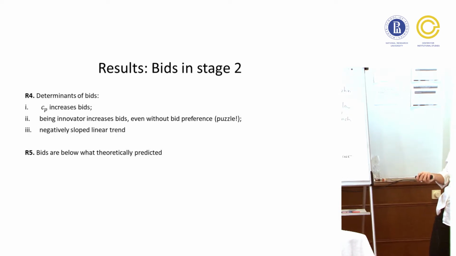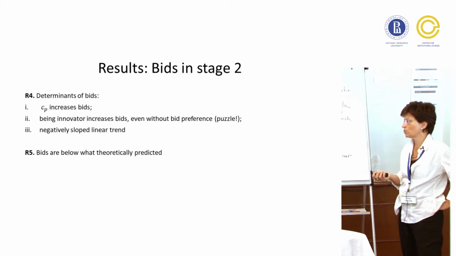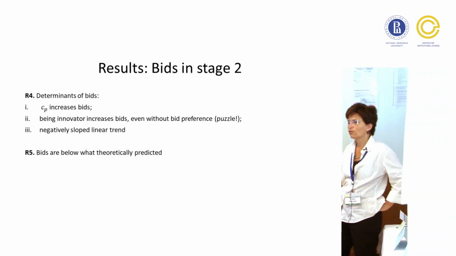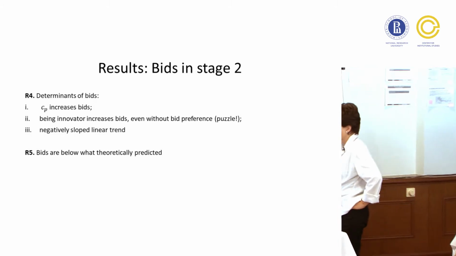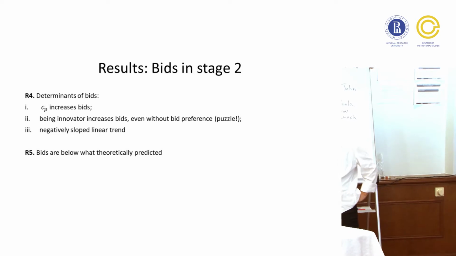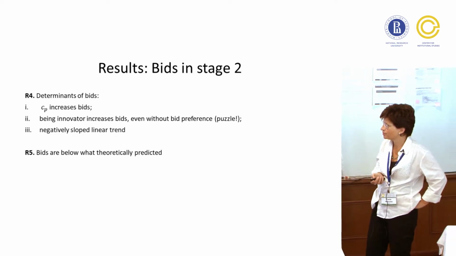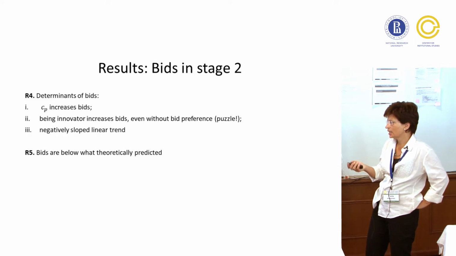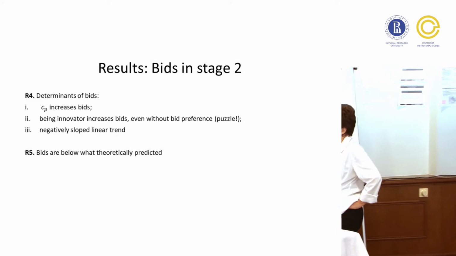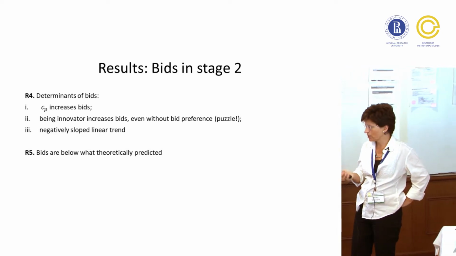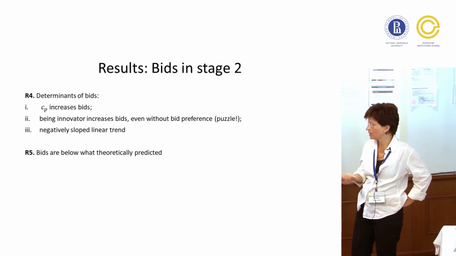And the procurement of innovation with the bid preference is the best performing treatment for both social and buyer surplus, while the worst is the unsolicited proposal without the bonus. And having the results about surplus, we can see that the bidder surplus is lower than what we theoretically predicted.